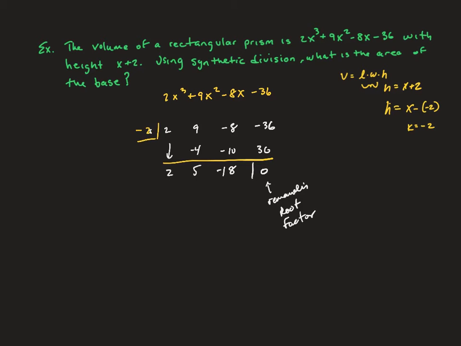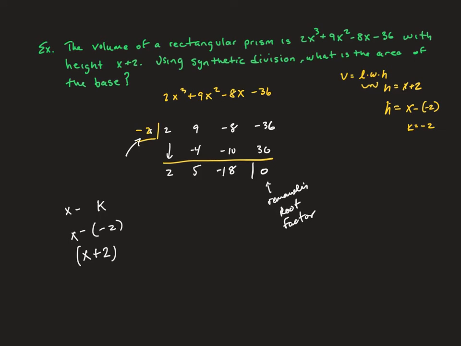And then this form right here, I know that that was, again, going to be x minus k, or x minus a negative 2, which is x plus 2, or I'm sorry, I guess x, right? I should be looking at x. So x plus 2 is going to be one factor.